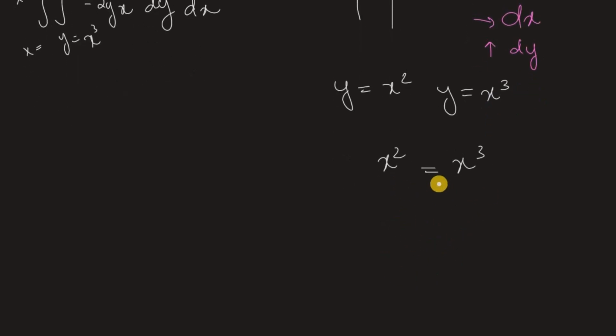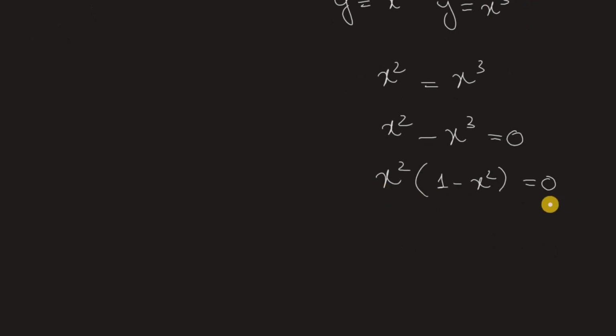In order to solve it, let's move everything to the other side, so we get 0 here. Now you can see we can factor out x squared. If we factor out x squared, we're left with 1 minus x equals 0. Now we can set x squared equal to 0 and 1 minus x equal to 0 separately.